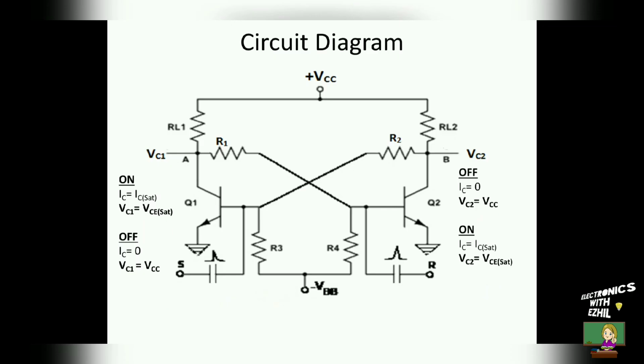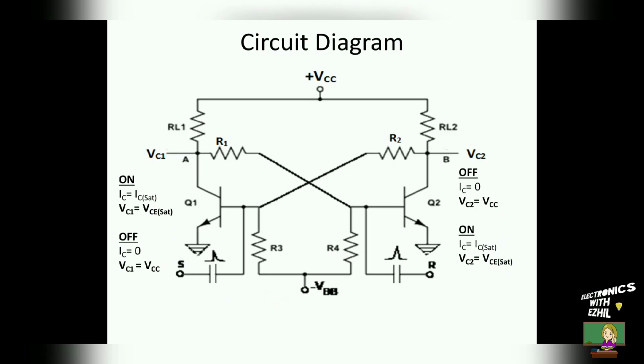The circuit will stay in this stable state until the external set trigger pulse is given to the base of transistor 1. Once the set trigger pulse is given to the base of transistor 1, transistor 1 will switch from off to on state. Due to the regenerative operation, transistor 2 will switch from on to off state.